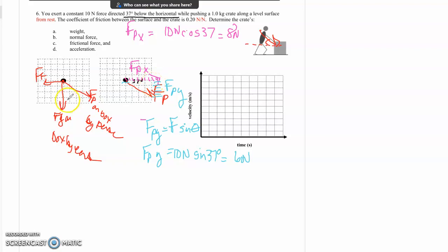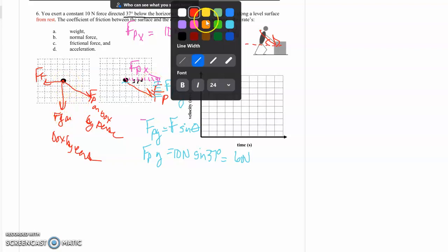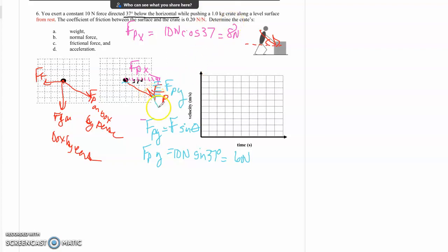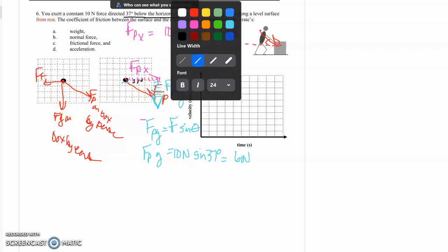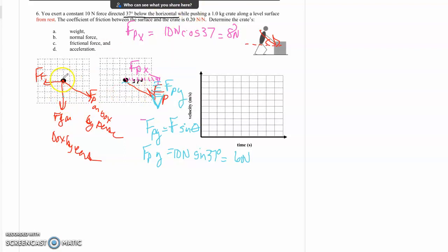So now when I look at this, I see that I have FG, but I also see that I have this piece here. So these two have to be supported by force normal. So, if I call that 2, and I basically call that 2, then force normal is going to have to be, 1, 2, 3, 4.